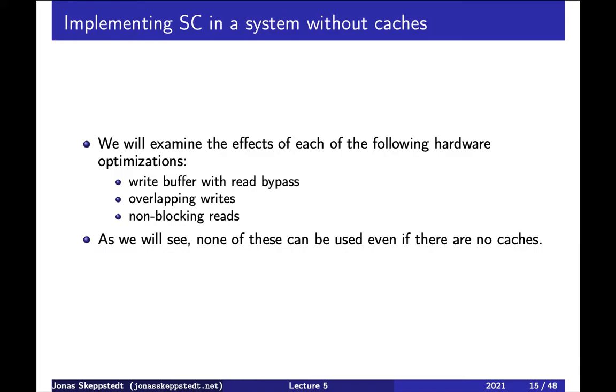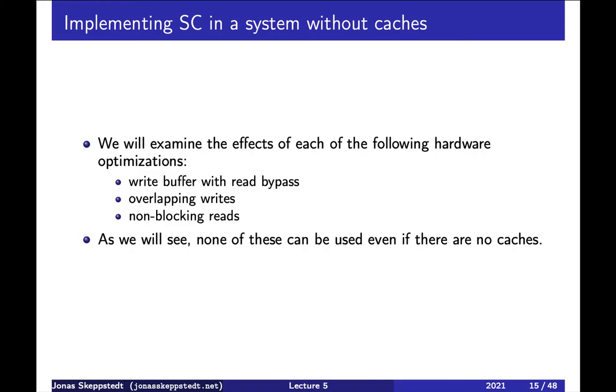We will now go through 3 hardware features which cannot be used for a sequentially consistent machine unless we use additional instructions to ensure synchronization and to avoid the problems that these hardware features introduce.